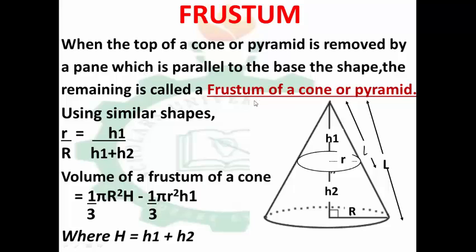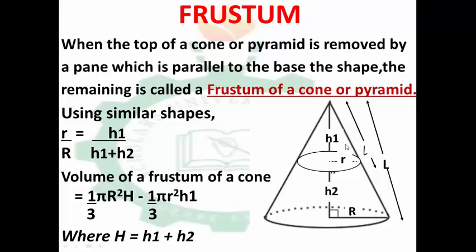Now, if you look at this shape, it's in form of a cone, but you have this smaller cone which you can remove. When you remove the top, the remaining part here represents the frustum of this cone.